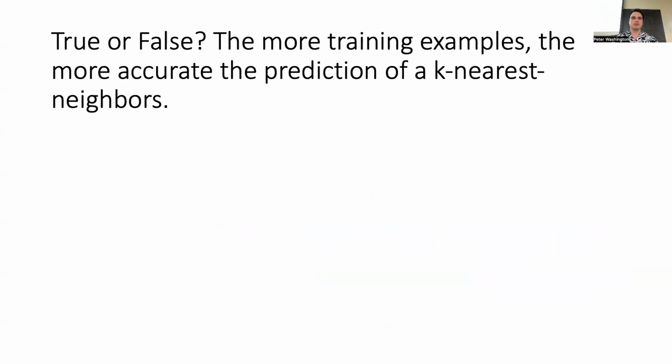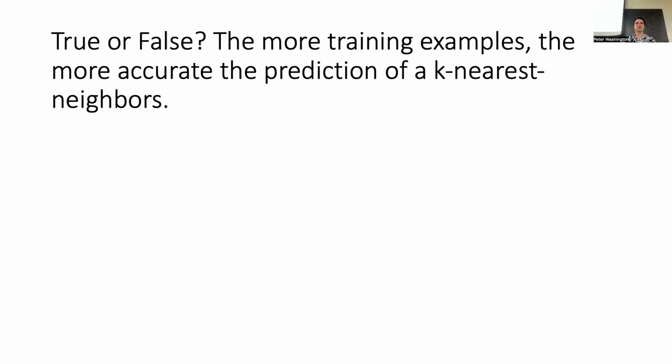The more training examples, the more accurate the prediction of a k-nearest neighbors model. Give you some time to think about it. Okay, who thinks true?